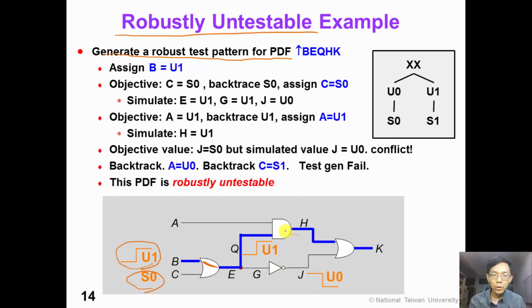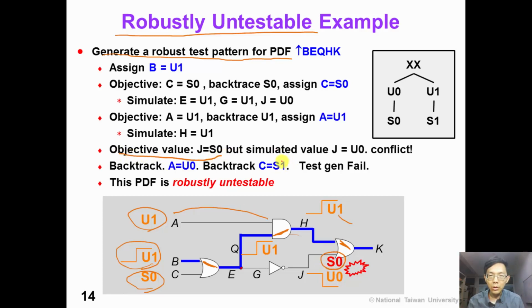Now we want to robustly sensitize through this AND gate, so we backtrace to A and assign A to be U1. Now we run a simulation and we would like to robustly sensitize through this OR gate. Because 1 is a controlling value for the OR gate, we would like the side input J to be static 0.